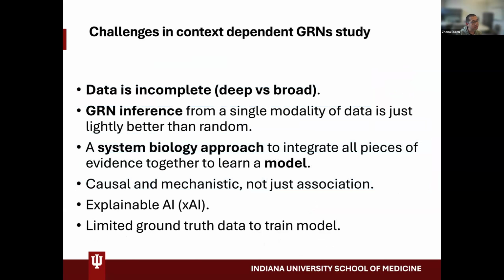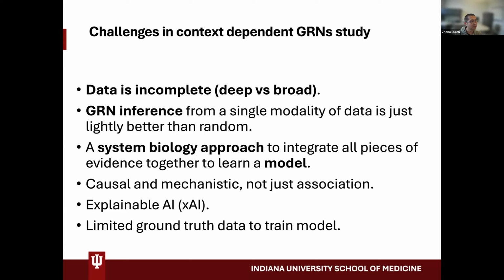So the challenge in this context-dependent GRN, first, the data is incomplete. It will be very hard to get both deep and broad data. By deep, I mean like the ENCODE project. For some cell type, we do gene expression, ATAC, histone, many different types of transcription factor ChIP-seq. This type is very deep, right?